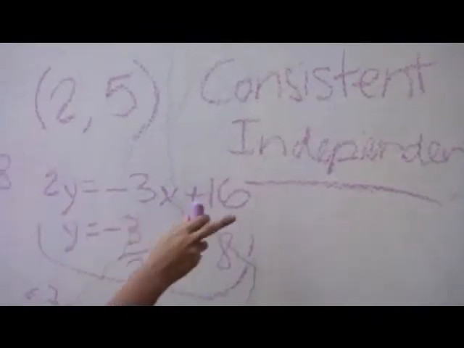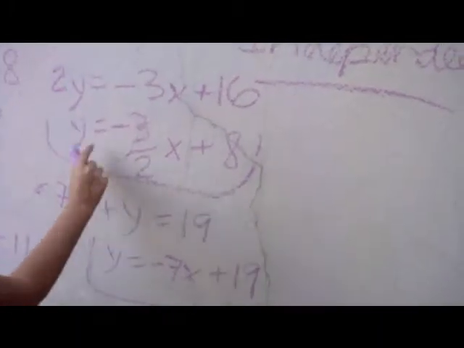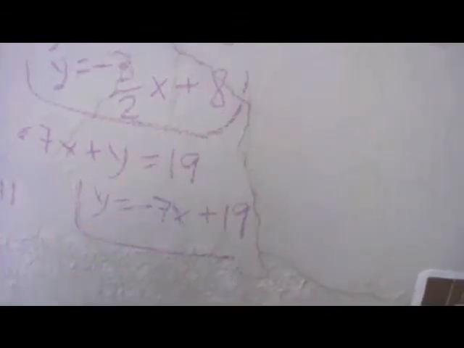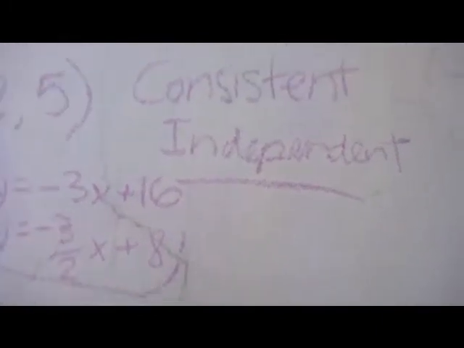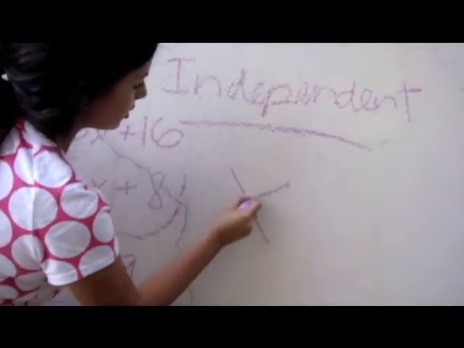We get consistent independent because the slope, the number next to the x, here is -3 halves, and here is -7. They are different, and the b is the y-intercept, which is 8 and 19. So since they are different, it is consistent independent. That means that eventually at one point they will intersect.